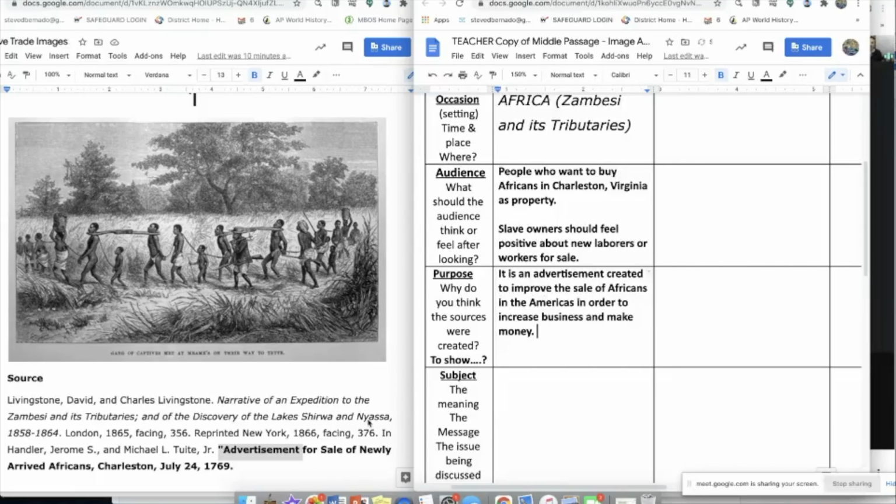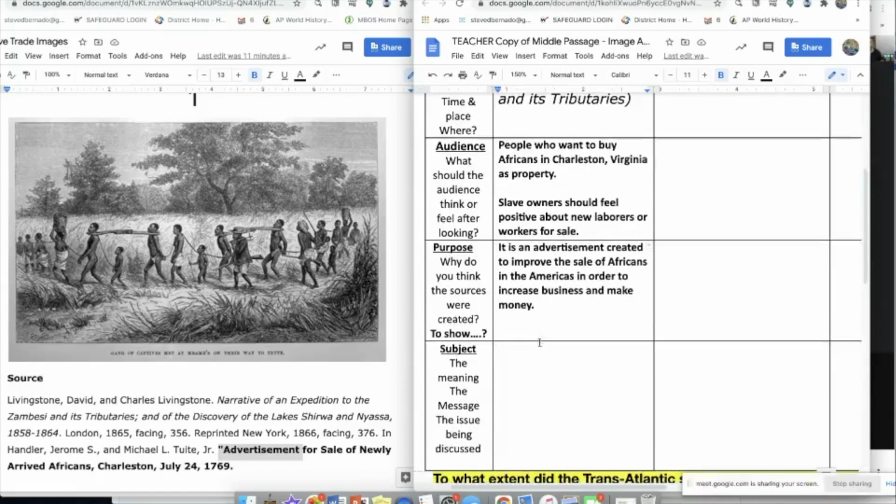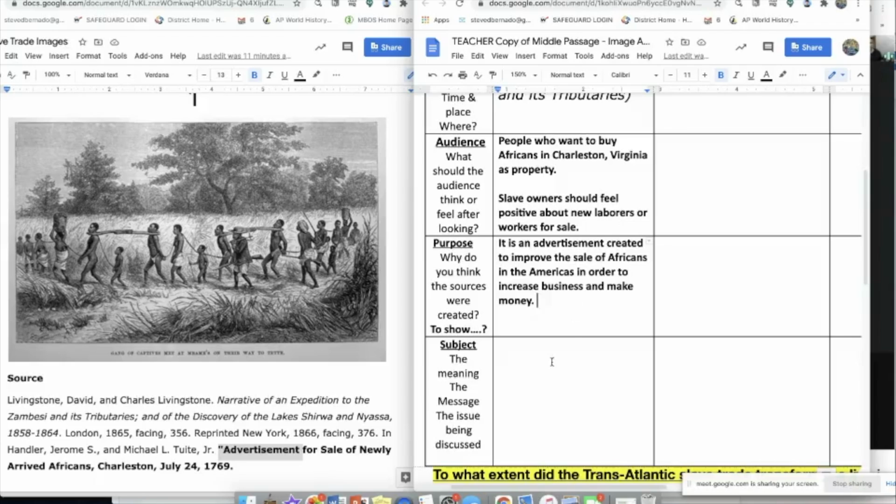Plain and simple, this is an advertisement for property, not people. You buy the property, they work for free for the rest of their lives, and the slave owner would reap the financial benefits and make all the money. This is the disturbing part, this point of view.